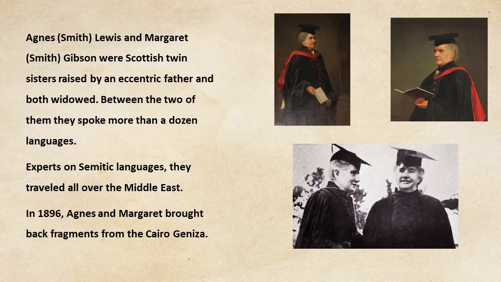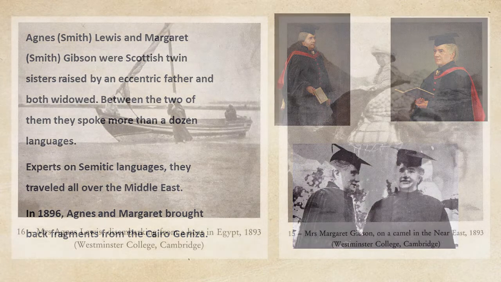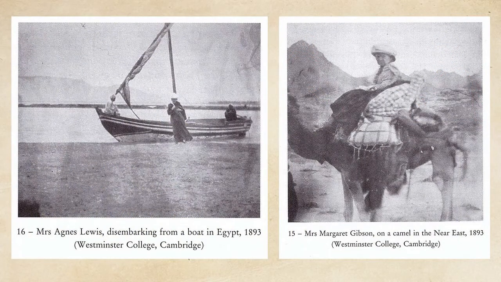Then they were also allowed to look into the Cairo Geniza, and in 1896, almost 1900, they brought back a few fragments that they were allowed to take. Look, here you have photos of Mrs. Agnes Lewis, who comes out of a felucca, a boat on the Nile, and here is Margaret on the back of a camel.